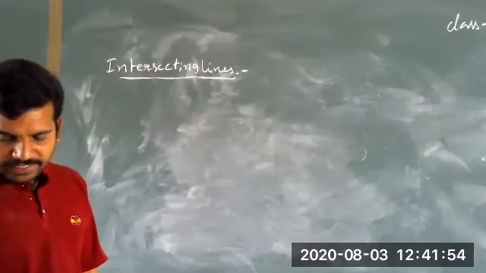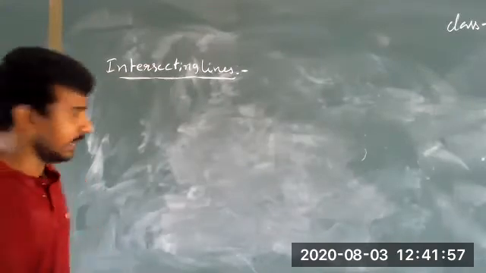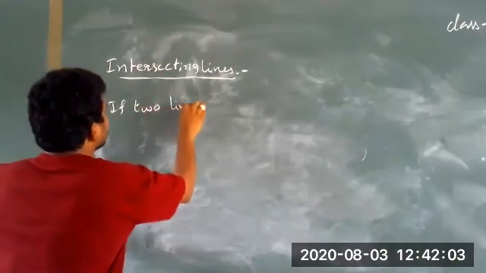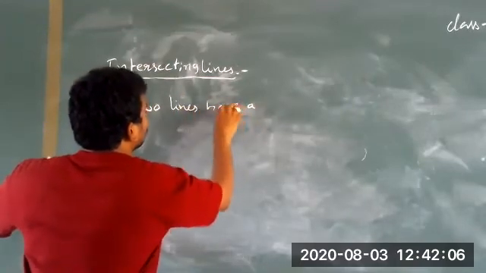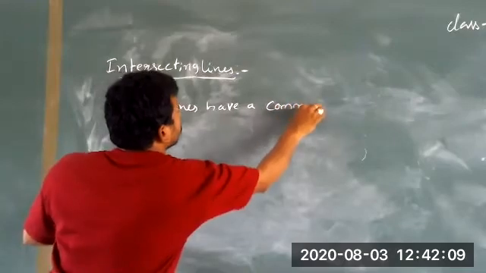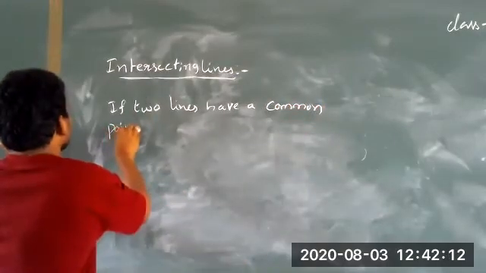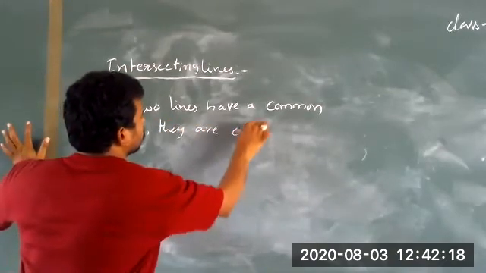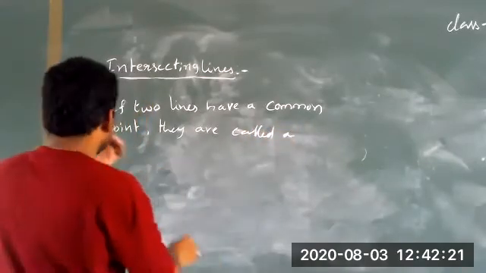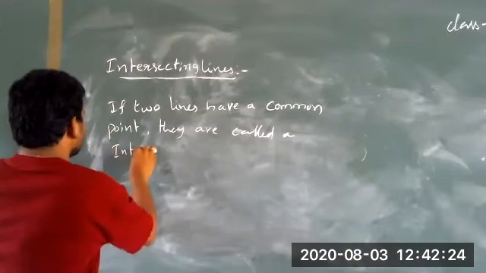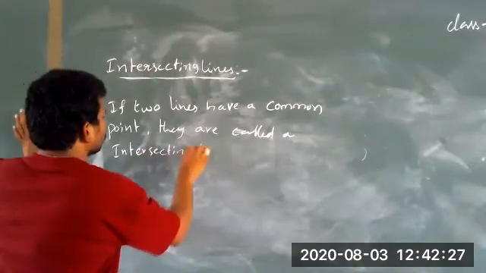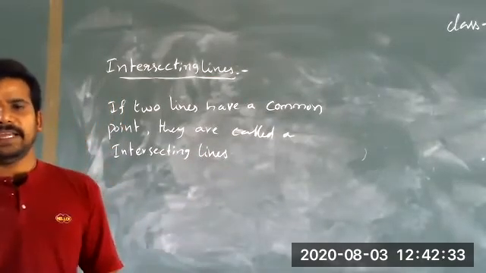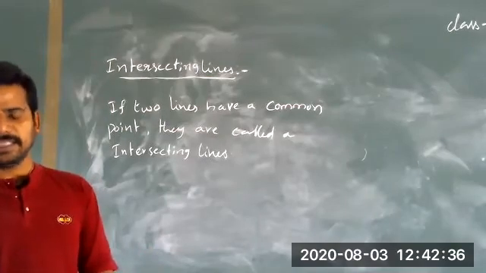If two lines have a common point, they are called intersecting lines. Once again, children, if two lines have a common point, they are called intersecting lines.